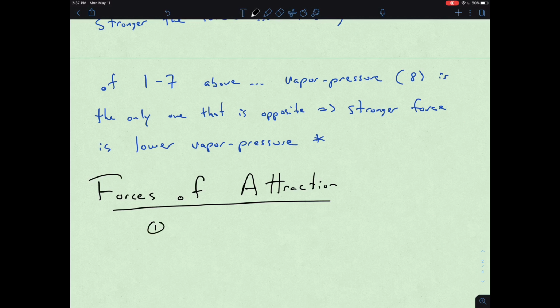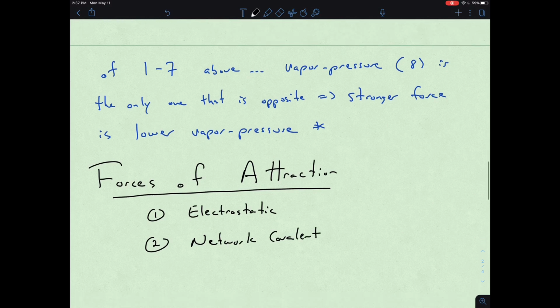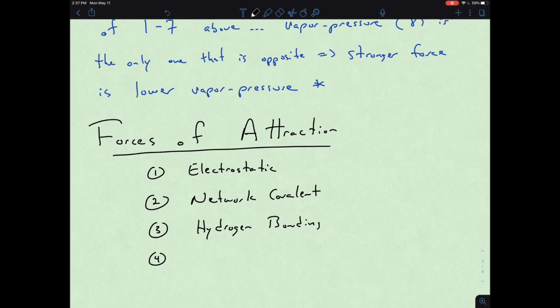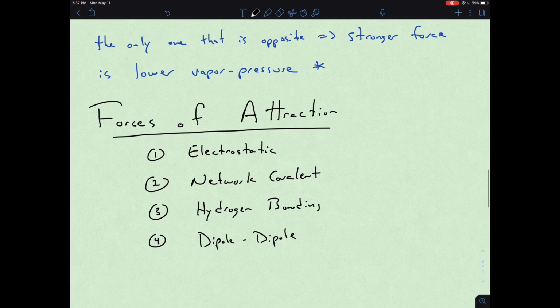We have electrostatic, network covalent, hydrogen bonding, dipole-dipole, and then lastly, dispersion.